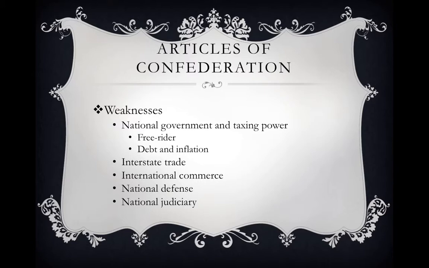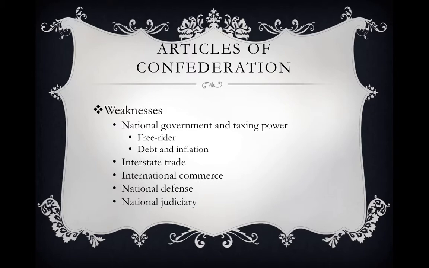The issue with taxing is that the states, there wasn't any taxing. The states basically had to contribute money to the national government. And it was a willful contribution: the national government would send to the state a request and say, give us $1 million, or whatever that amount happened to be.